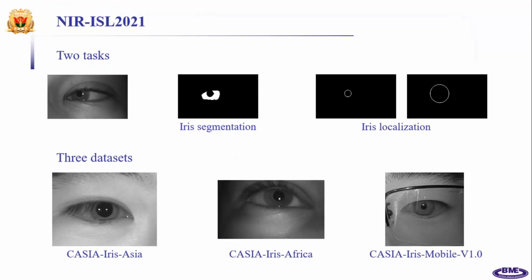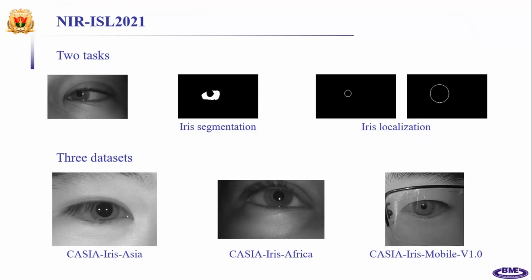In the localization task, the actual inner and outer contours of the iris need to be delineated, even if part of the iris is blocked by eyelids in the image. We noted that the metrics of the localization task are the size coefficient and the Hausdorff distance between inner and outer contours.